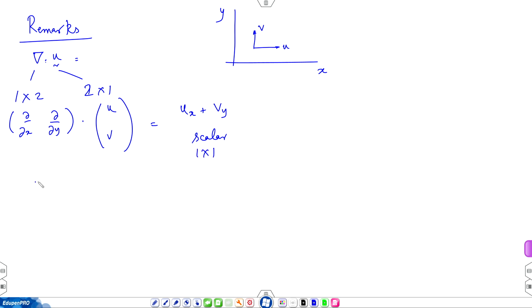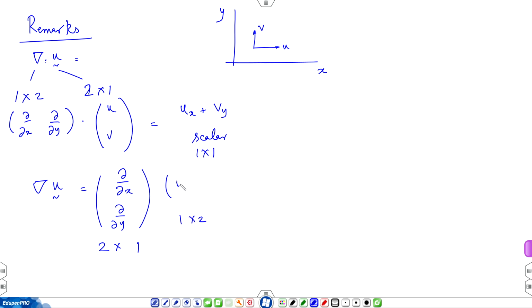If you want to do del u, you have to reverse it. So, it is 2 by 1 times 1 by 2, which will give you a 2 by 2 matrix.